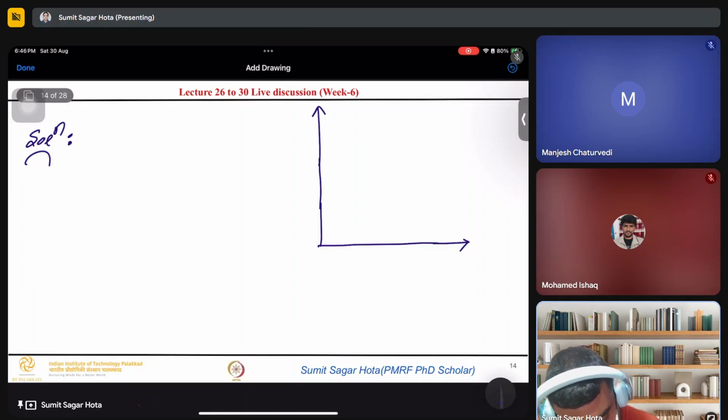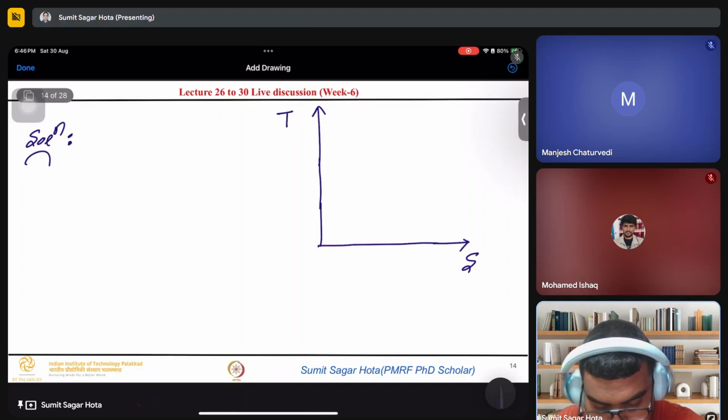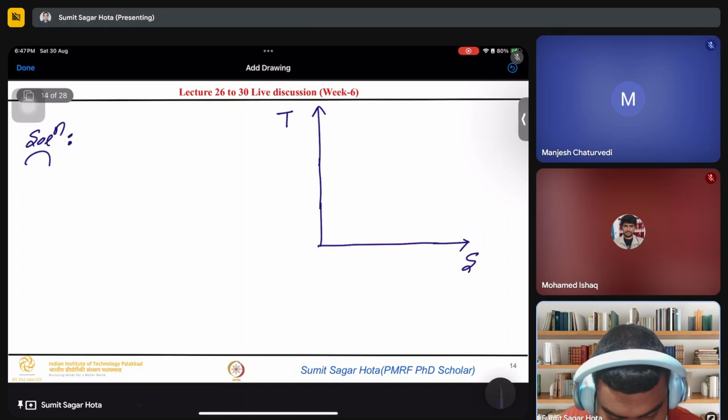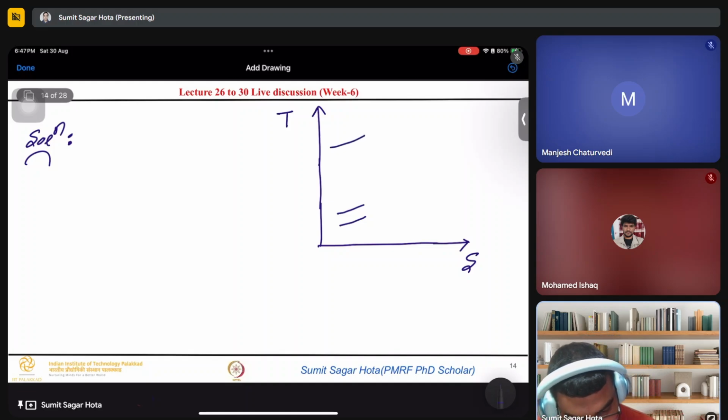Let's draw the T-S diagram. This is your ambient state A. Then there will be state 1, state 2, state 3, state 4, and then state 5.